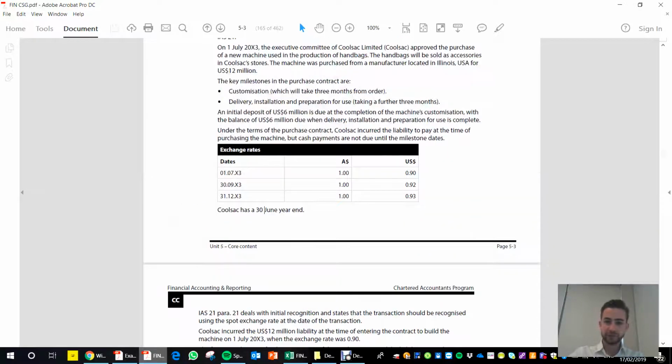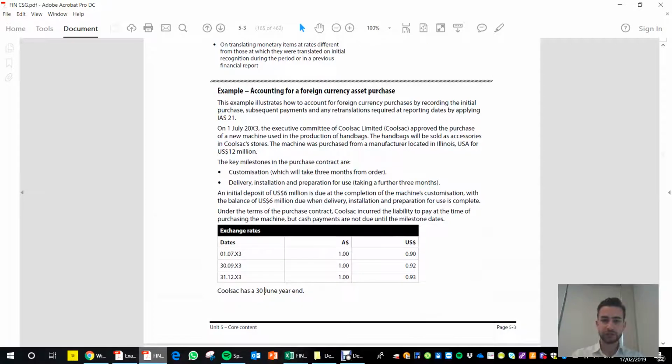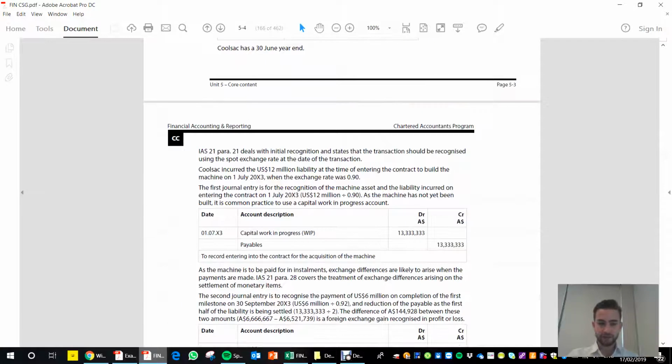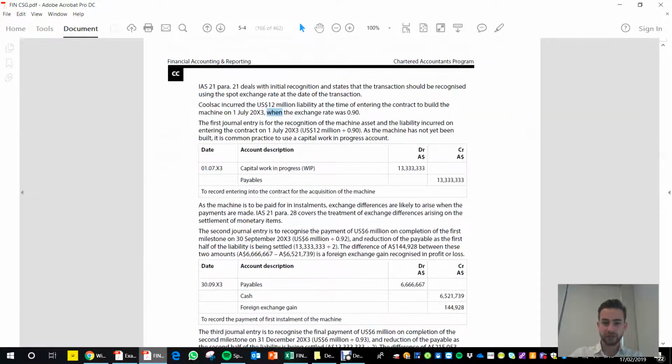Okay, so first thing we have to do is recognize, as soon as the contract is signed, the future liability that the Australian company has incurred. The date of that transaction, when they entered the contract, is 1st of July 2013, and the exchange rate is 0.9.